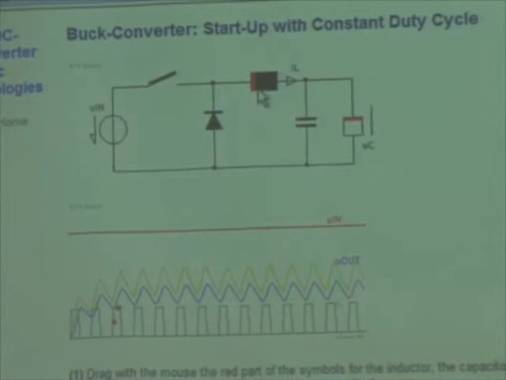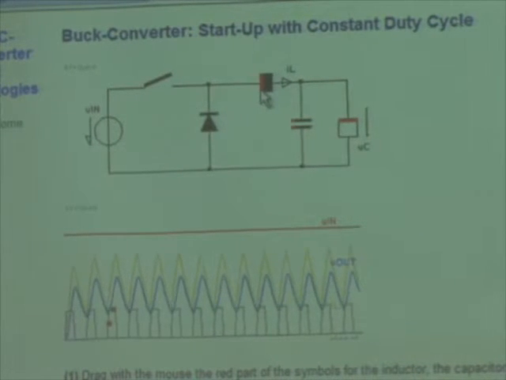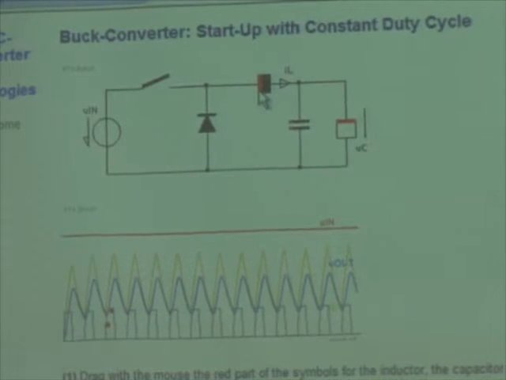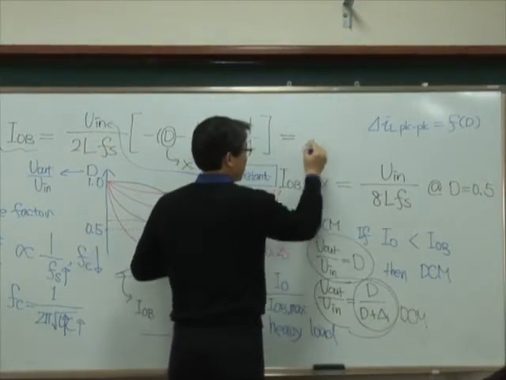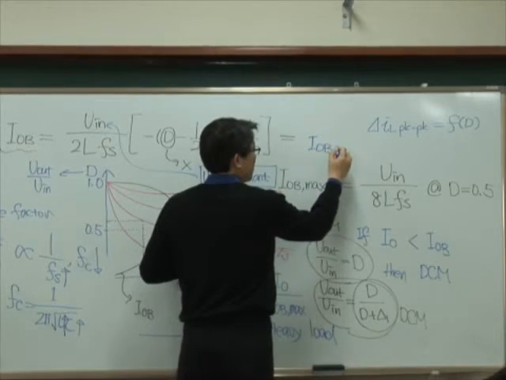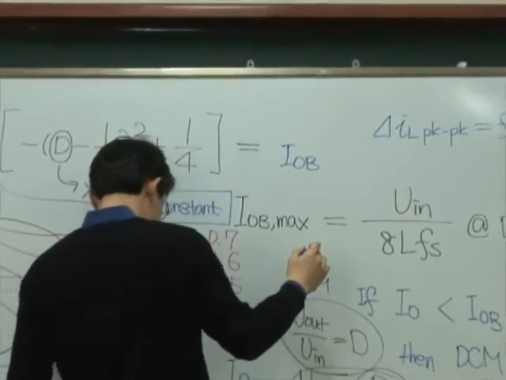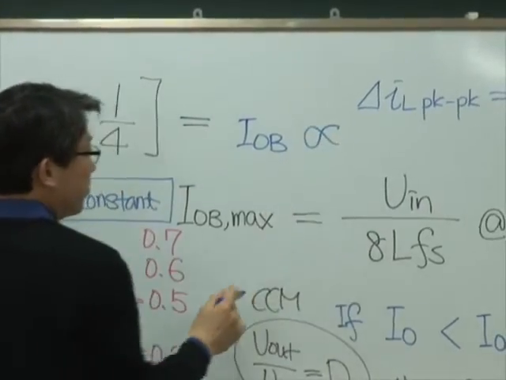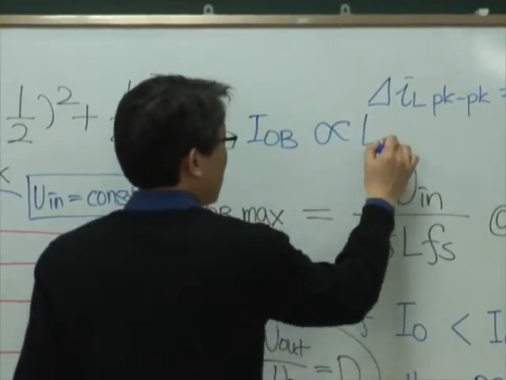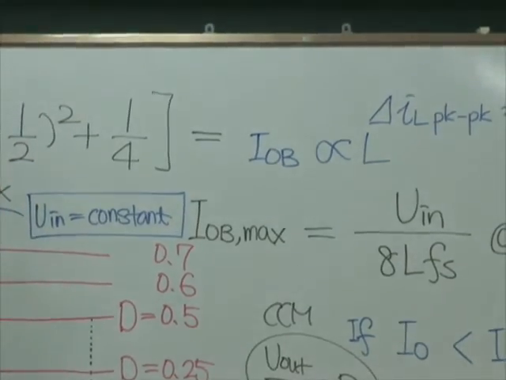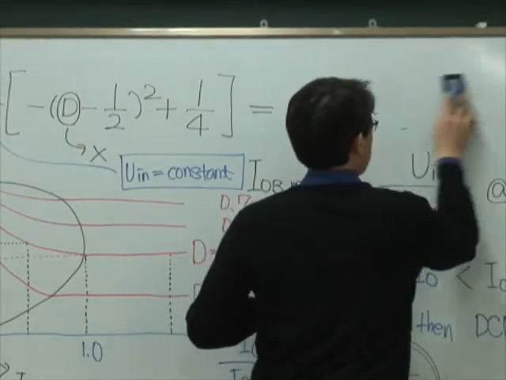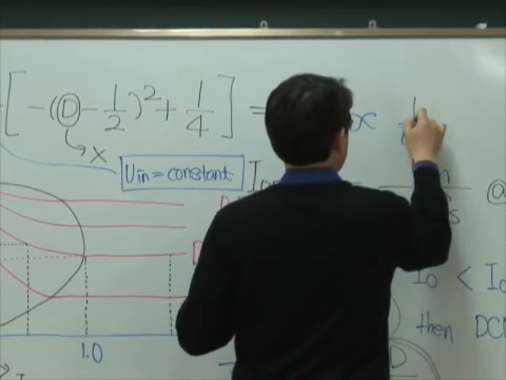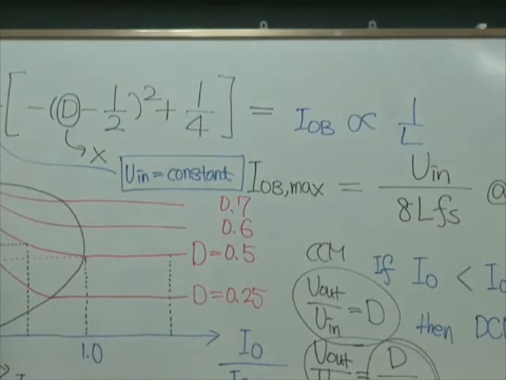Now let's intentionally go into this continuous conduction mode. I'm throwing many things at you at the same time. This IOB, this boundary mode, is inversely proportional to L. Let's take a look at this.